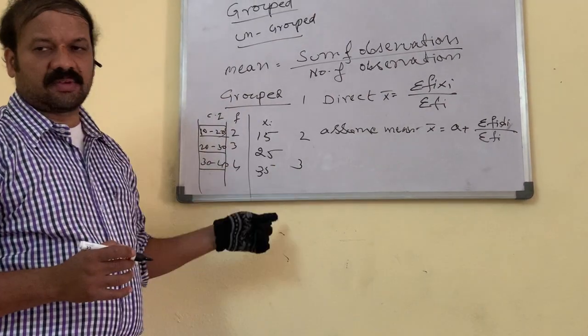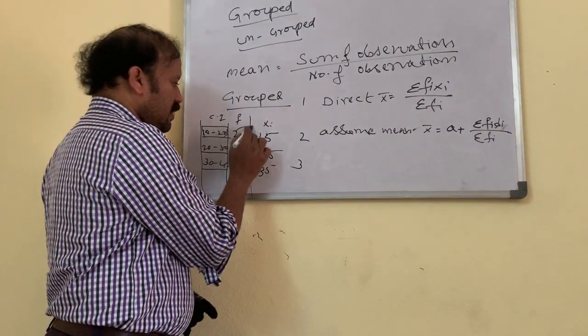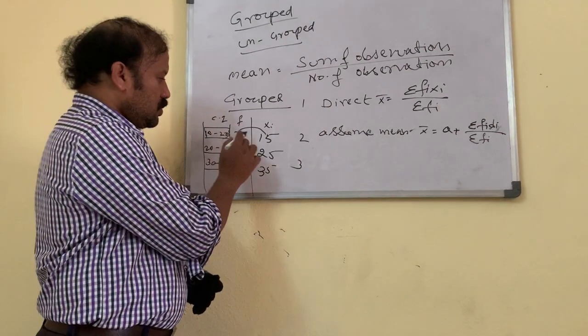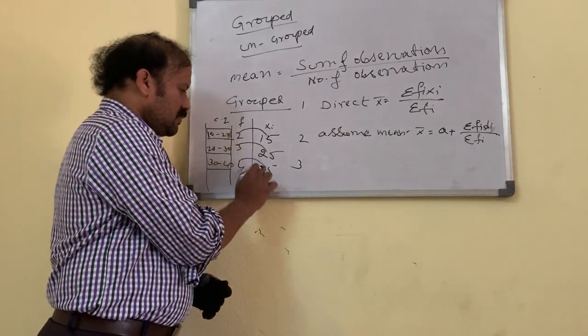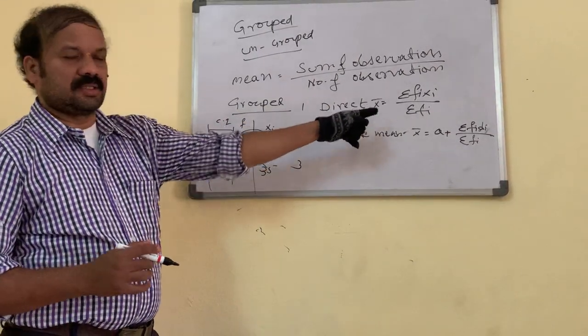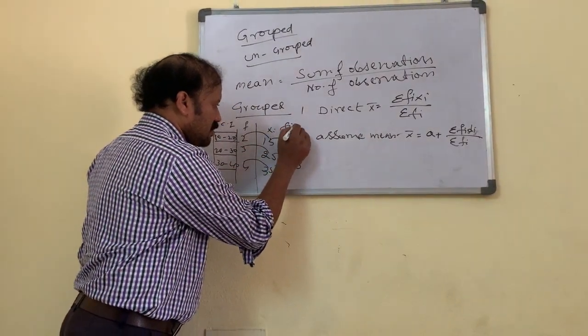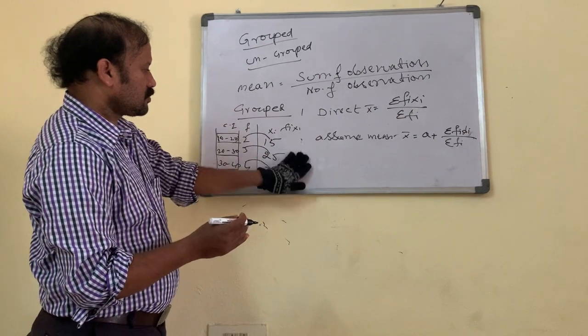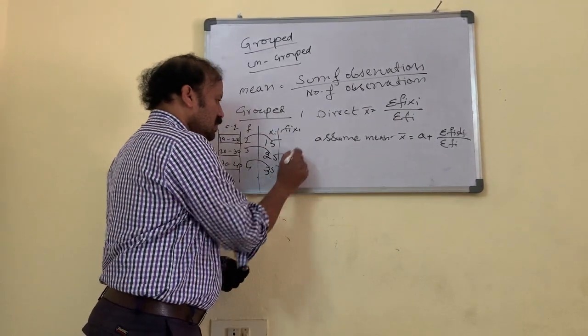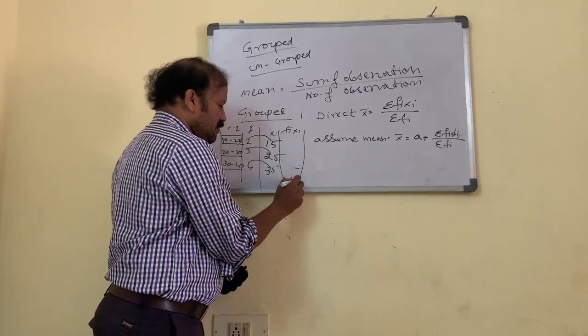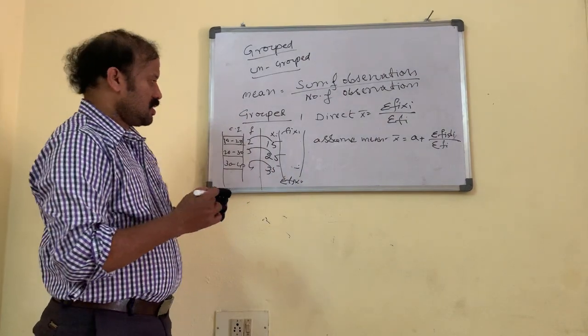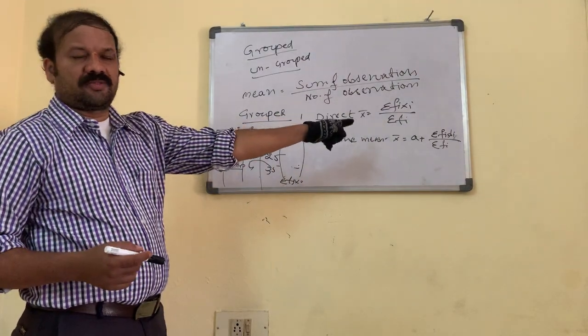Like that you get the x values, then multiply f by x: 2 into 15, 3 into 25, 4 into 35. Then you write the column fi xi, and the total of this is called sigma fi xi.